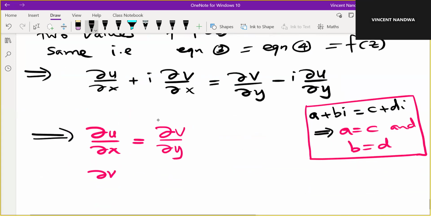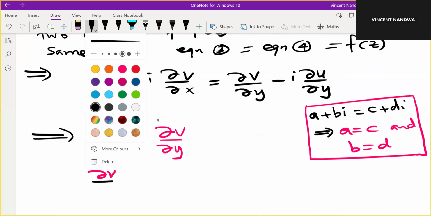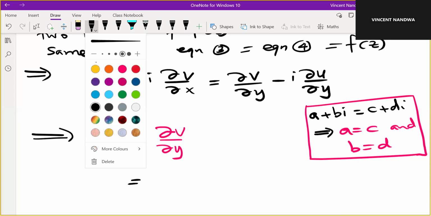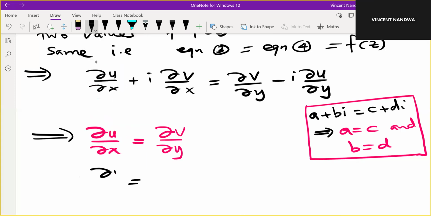So what would be partial v, partial x? Or if you like, if I want to have uniformity so that on the left-hand side I just have u values, what is partial u, partial y?